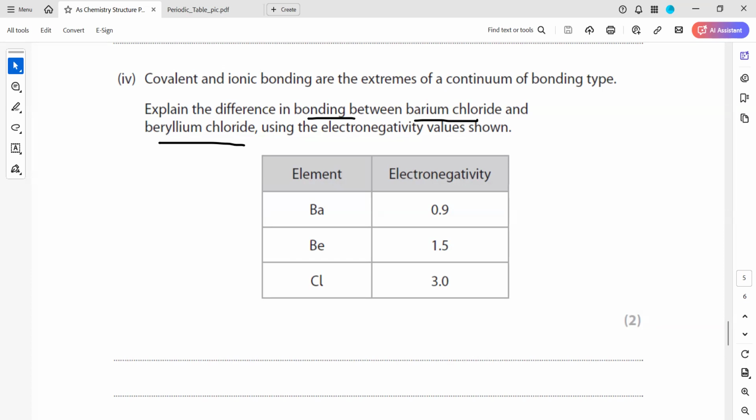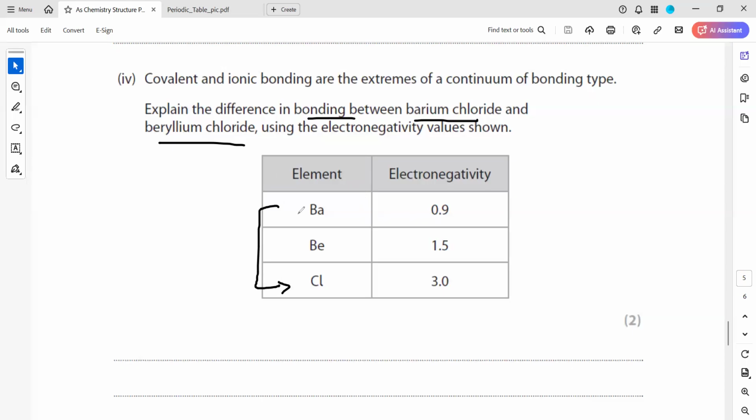Ionic and covalent bonding are extremes, and it depends on the electronegativity difference between the two. When we compare the electronegativity difference, first, we have barium and chlorine.